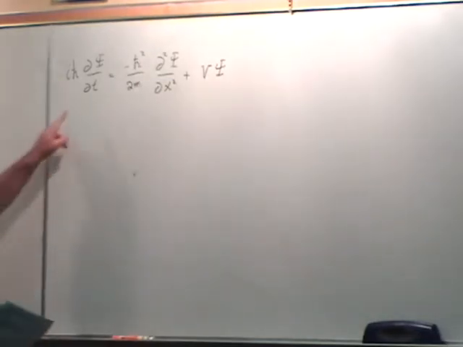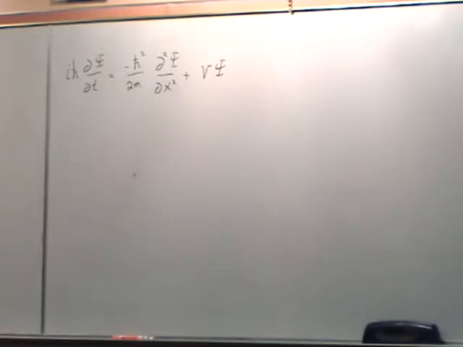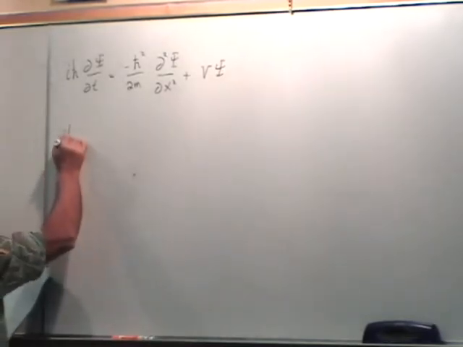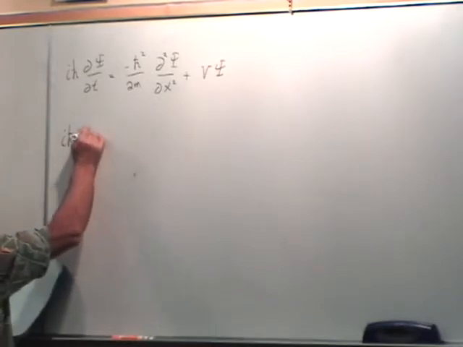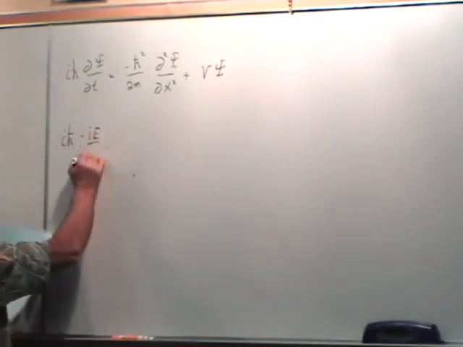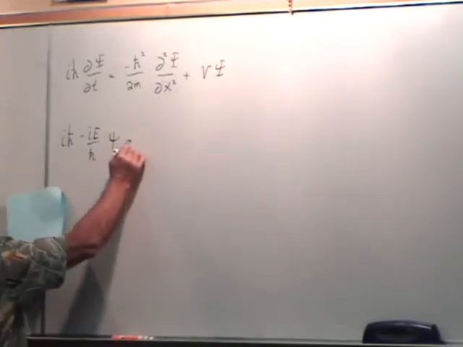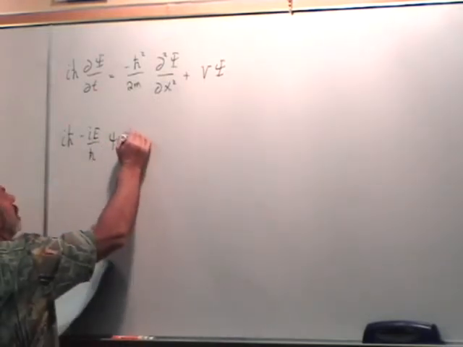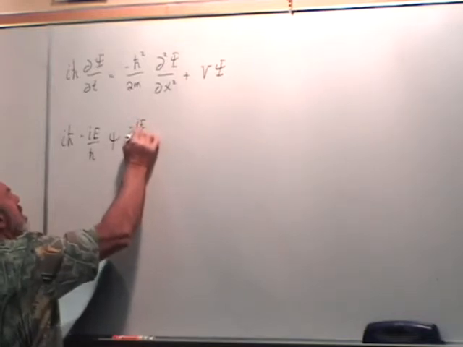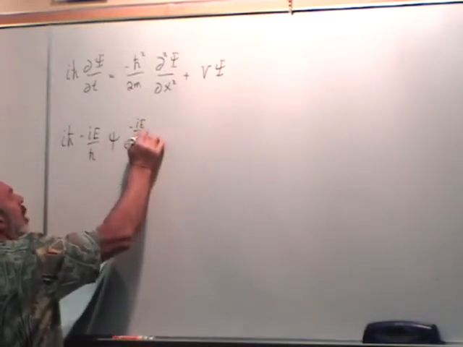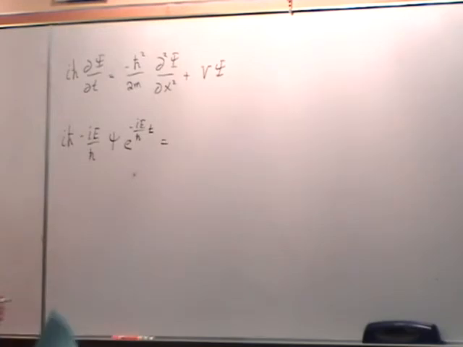And of course, when we differentiate once with respect to time, we're differentiating this creature, and we get just the argument of this out front and get it back again. So we get i h bar times minus iE over h bar psi e to the minus iEt over h bar equals.